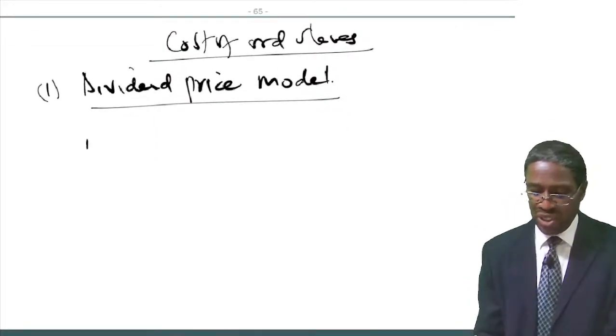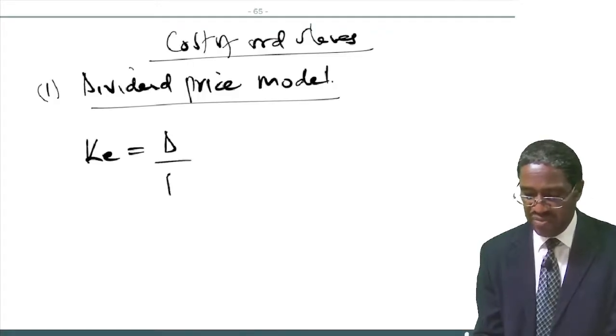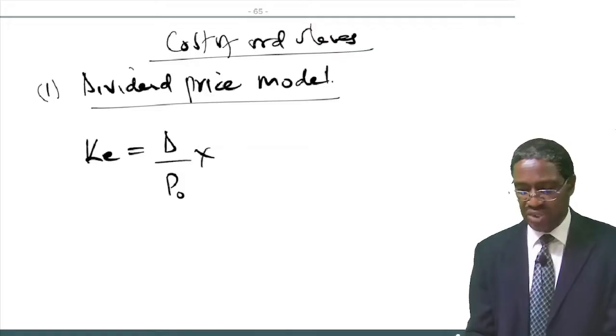Then you can now put down the formula. KE is equal to D divided by PO times 100.